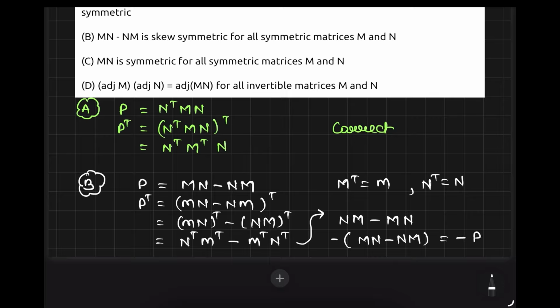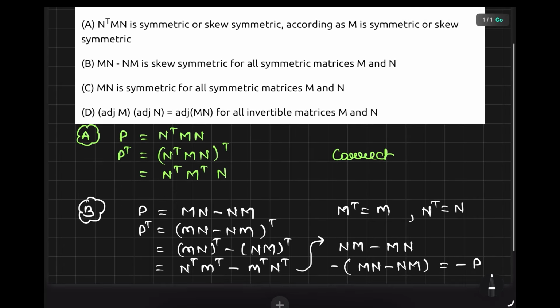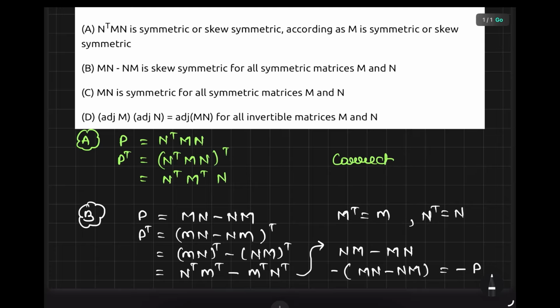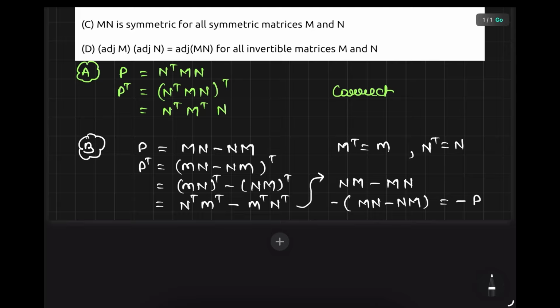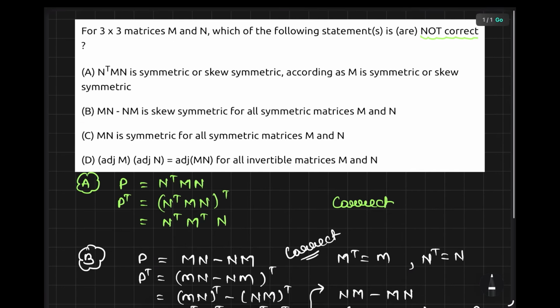So if M and N are symmetric matrices, this means this is a skew symmetric matrix. So this option is also true, this is skew symmetric for all M and N. So option B is also not our choice. Correct?